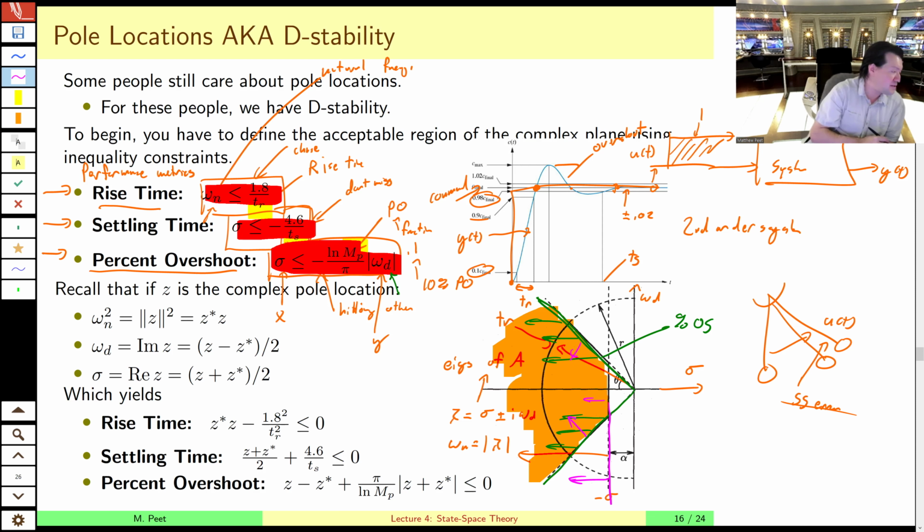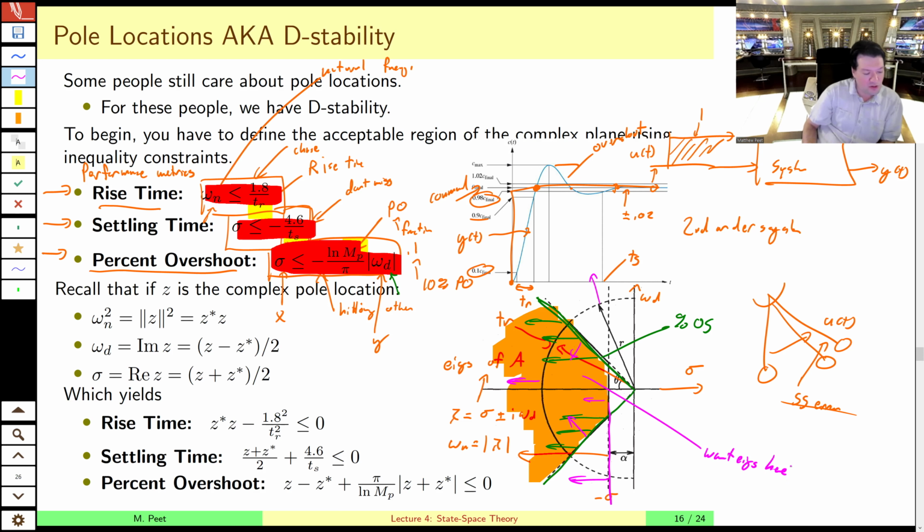And for the rise time, typically we want to be to the left of this circle as well. So we want the magnitude to be greater than, so we want to be outside the circle typically. That's a little bit harder to constrain, and we'll talk about why later. But basically, we want our eigenvalues to be in this orange region here, right?